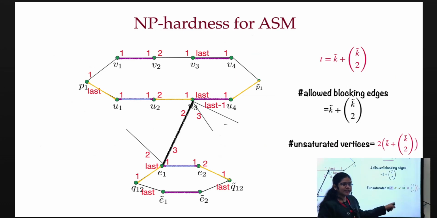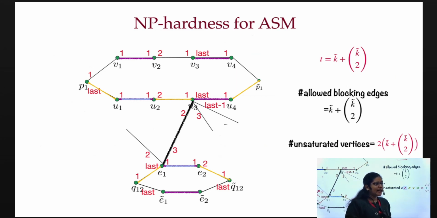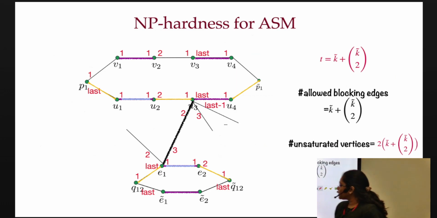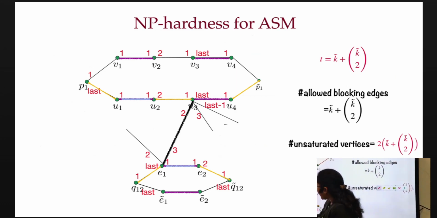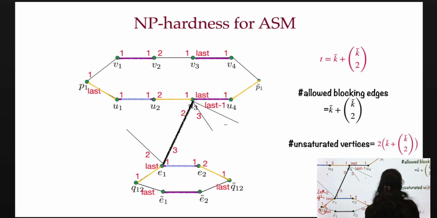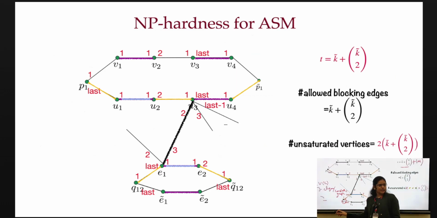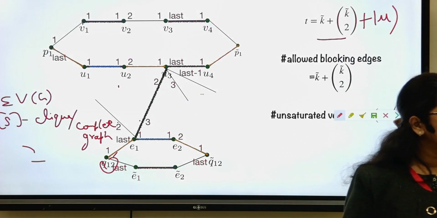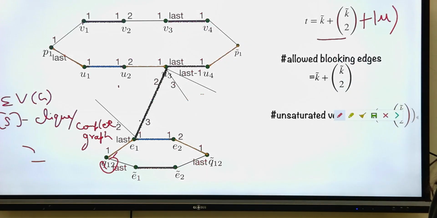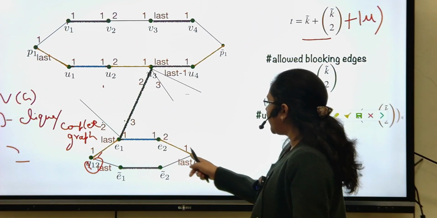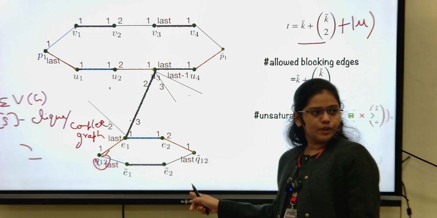Because all the vertices are saturated, what do I need to show? The thing that I wrote here earlier. So what will we do? We know that Q12 is saturated, right? Q12 is saturated with some E1. Then E2 will go and match with Q12 tilde.